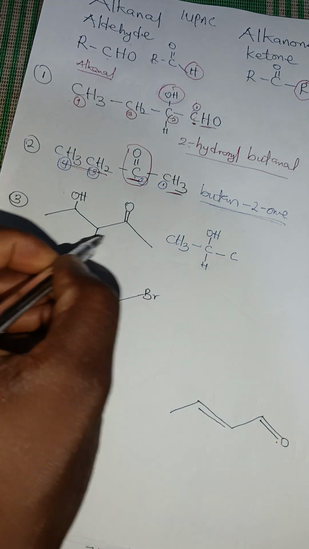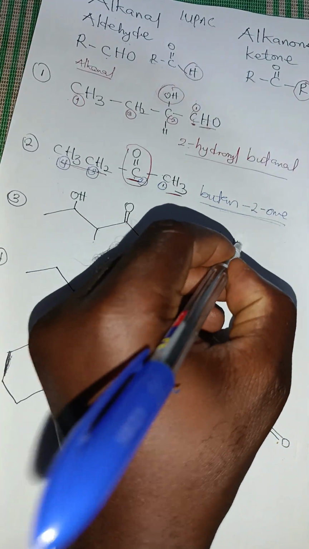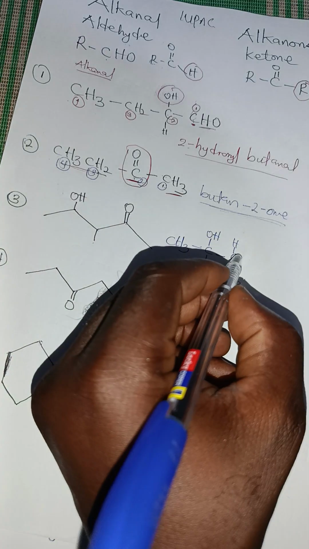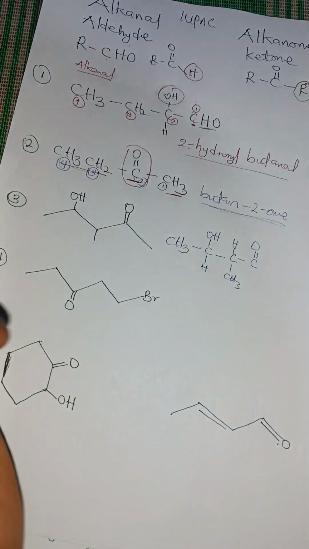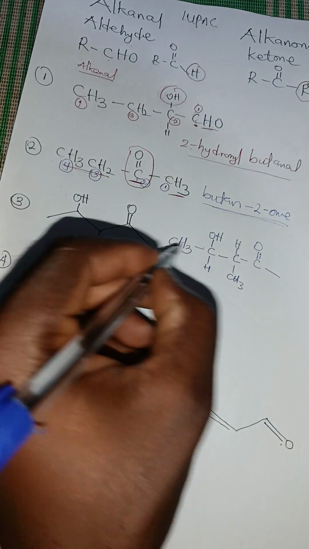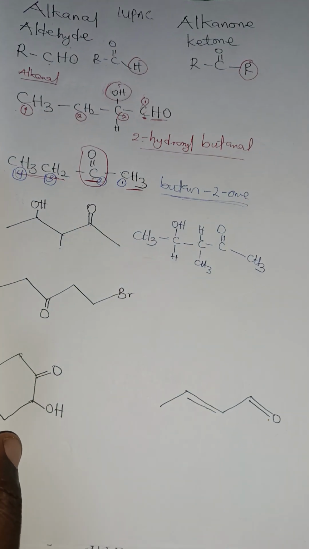That C has a CH3. Then we have H here. Then C double bond O. Then this part is CH3. I think that is clear.